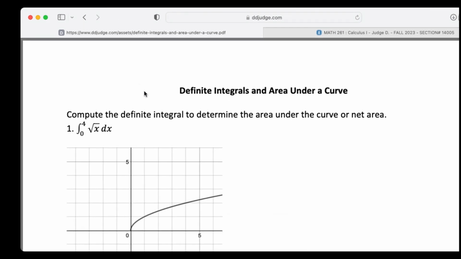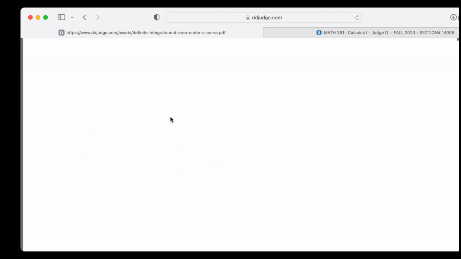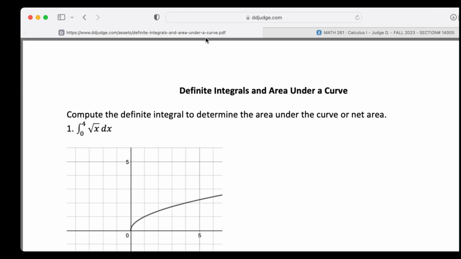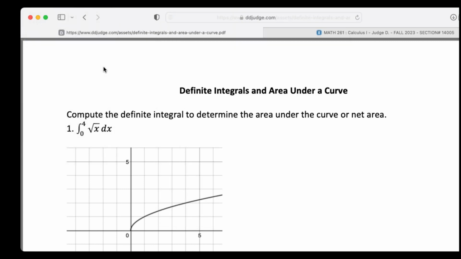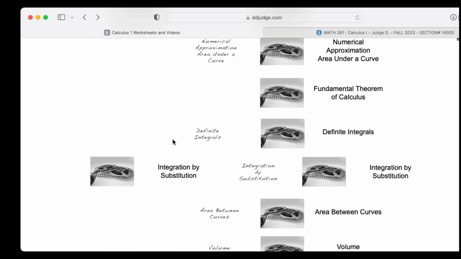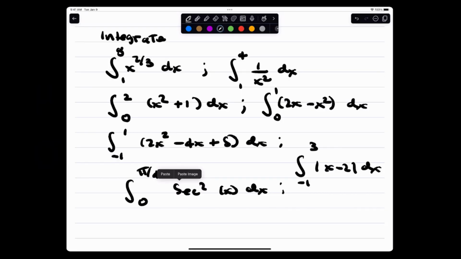Definite integral and area under the curve. I'm going to assign this for homework. What's the good news? You have all the solutions. And let's integrate. Let's work on some integration. What do you guys think?